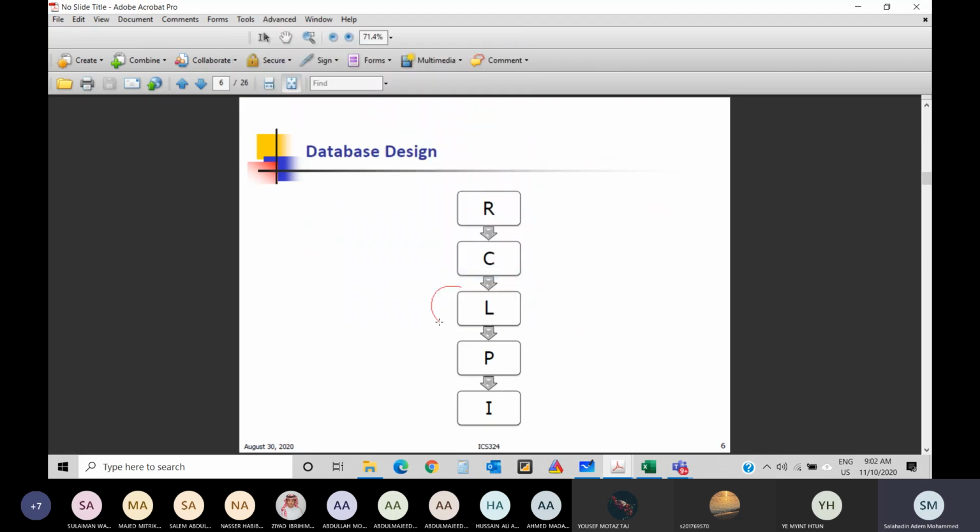You are given this only. You are not given requirements, and you are not given the conceptual design. They showed you only this, and they tell you this is a very bad design. Can you convert it to a good design for us? Yes. So take this logical design and convert it from a bad one into a good one. This is what we are going to read in this chapter. So this is the objective of this chapter.